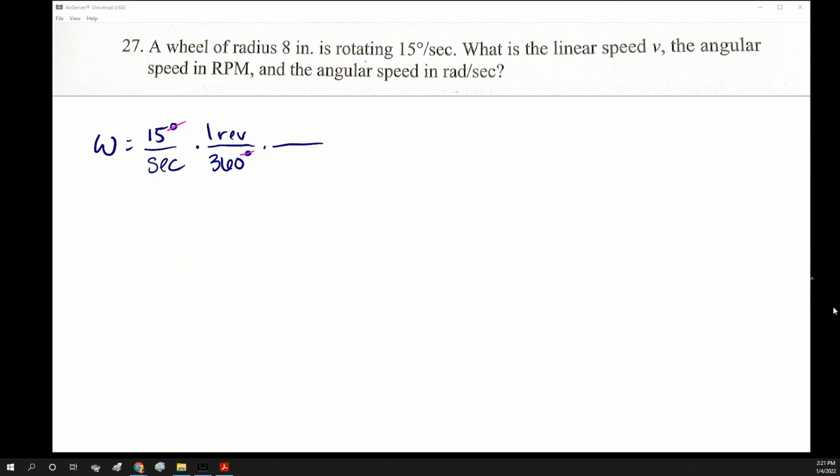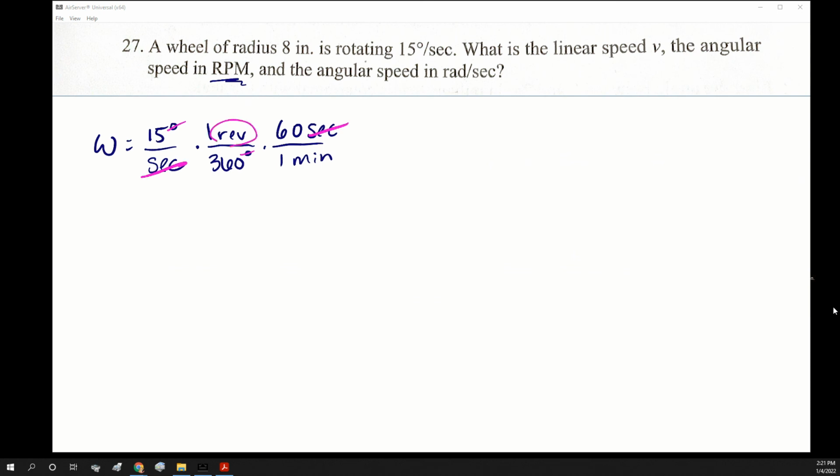All right, so now I have revolutions per second. RPM is revolutions per minute. So I need to change seconds to minutes. So I have seconds in the denominator. So to cancel it, I'm going to put it in the numerator. So that's going to be 60 seconds in 1 minute. And that will cancel seconds.